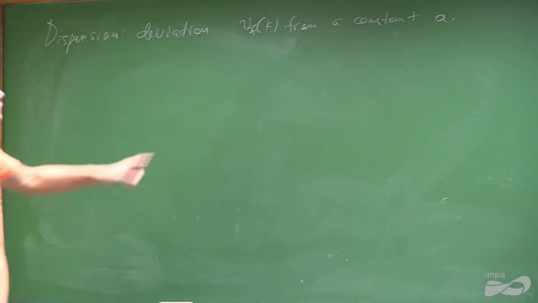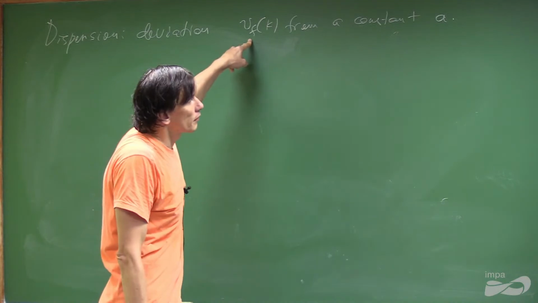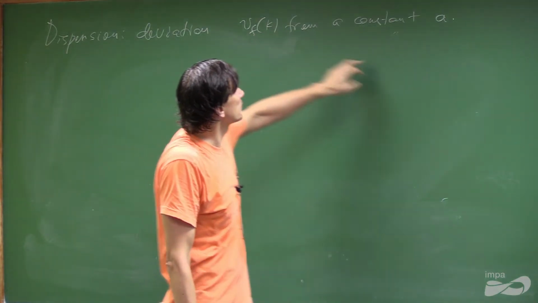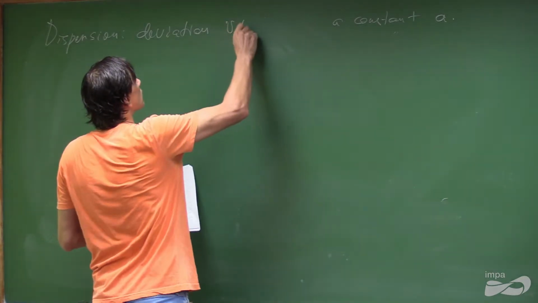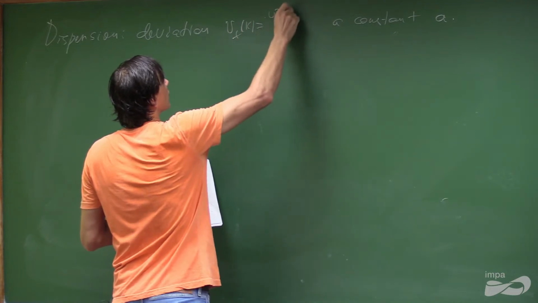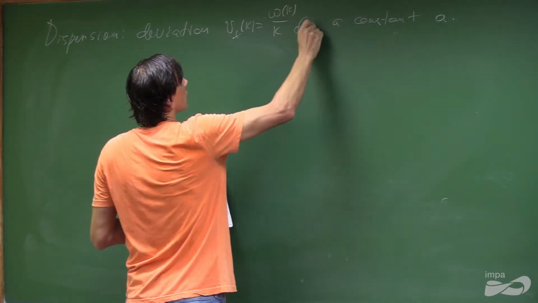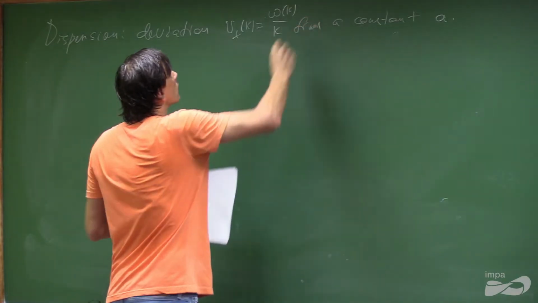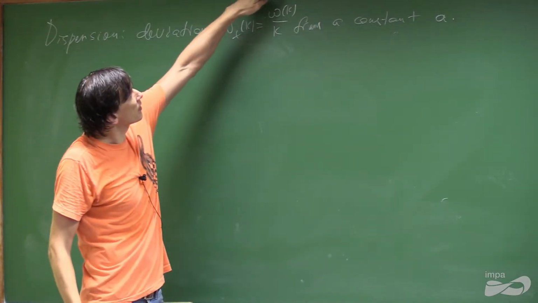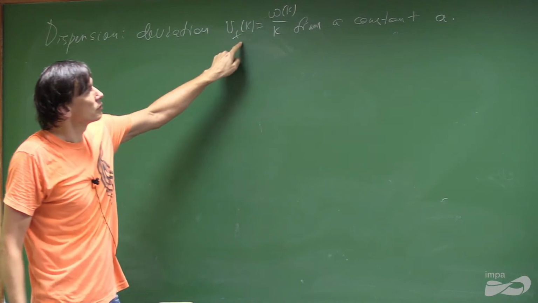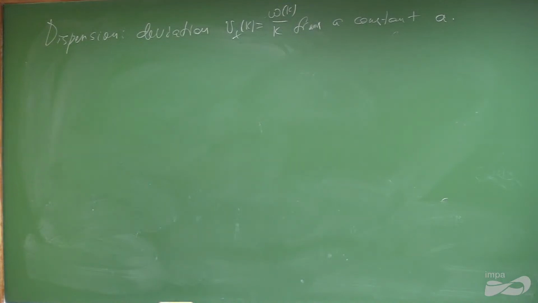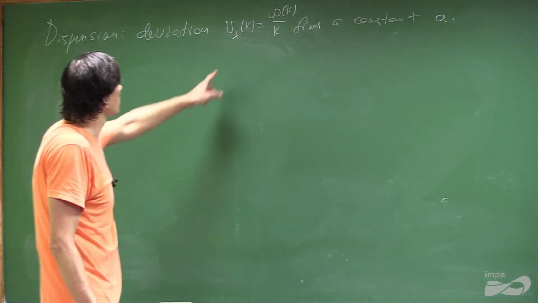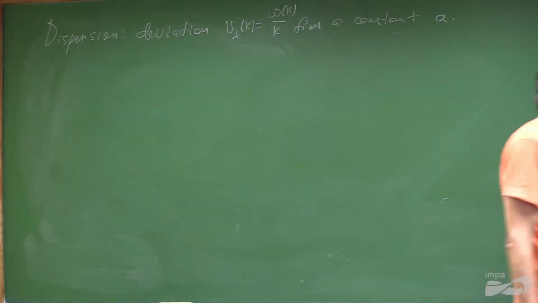Yeah. So if we have a linear relation, then the phase speed, which is omega over k, if omega is ak, is just a. So if there's no dispersion, all modes with all wave numbers move with the same speed, and dispersion means that different modes, different k, move at different speeds.